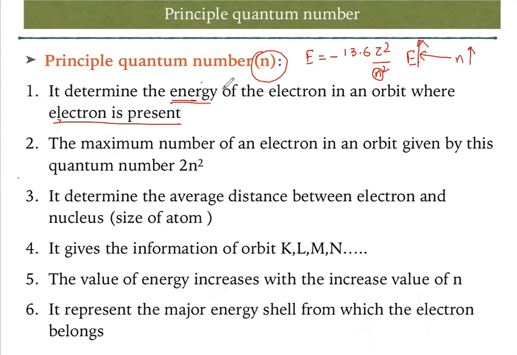Now there is a bigger question: what are these quantum numbers? Basically, the quantum numbers are the locations. For example, suppose this nucleus is there, and around the nucleus some electron is revolving. We can know the energy of that electron.